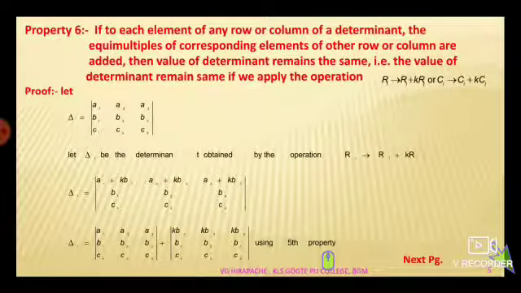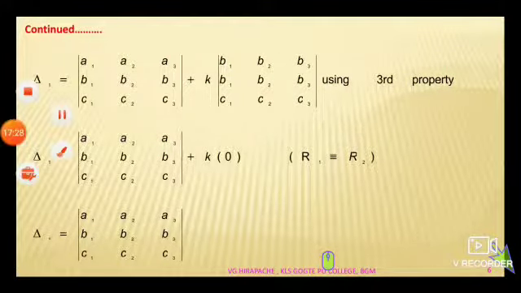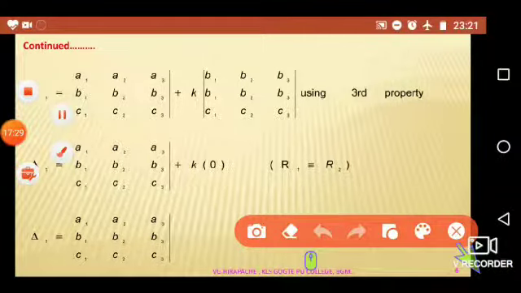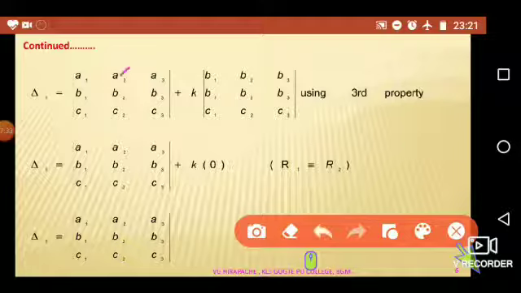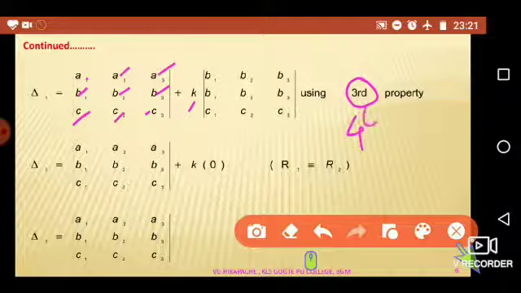Now moving to the next part. By using the fourth property, delta 1 can be expressed as the first determinant remaining the same, that is a1, a2, a3, b1, b2, b3, c1, c2, c3, plus k times the next one. This is by the fourth property, not by the third property.